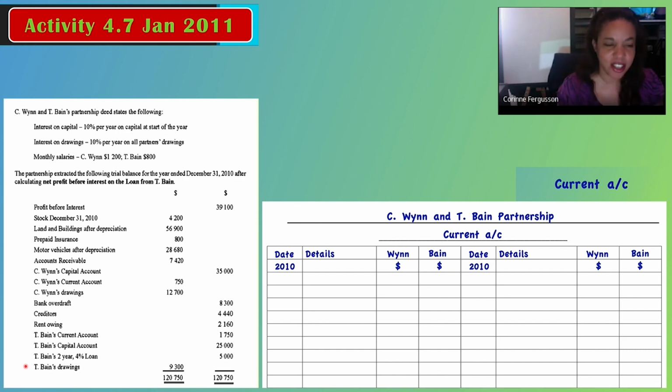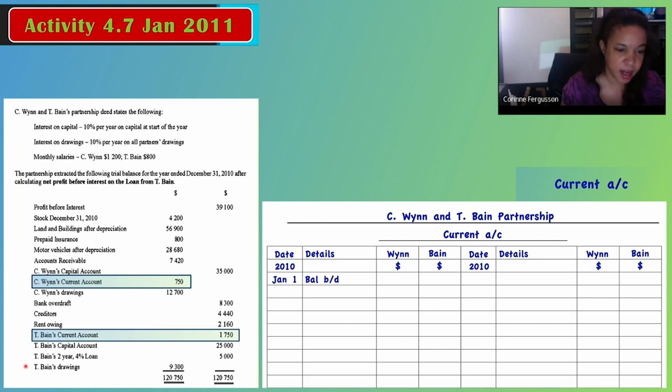You find Win here, current account, and you find Bain's current account. So therefore, there are balances for their current account.